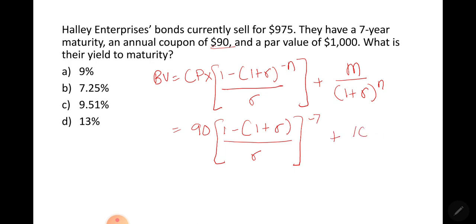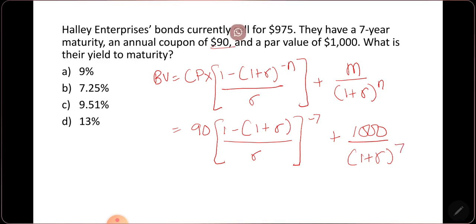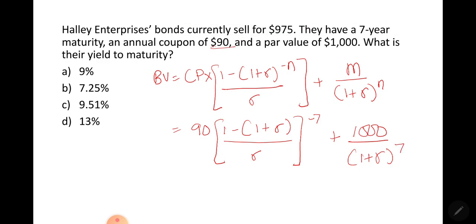The maturity value, par value is 1000. Again, we do not know what the R is. And the N is 7. The bond value is 975. So you're supposed to plug in different rates and see where your answer comes close enough to 975.